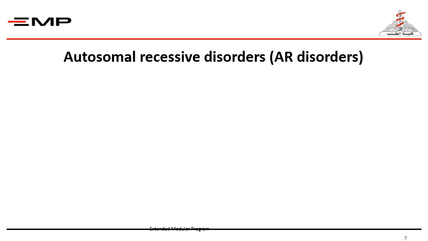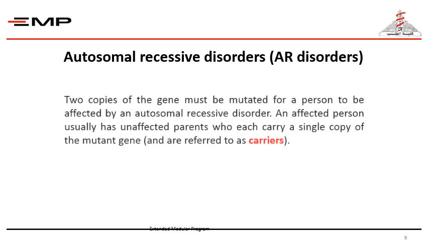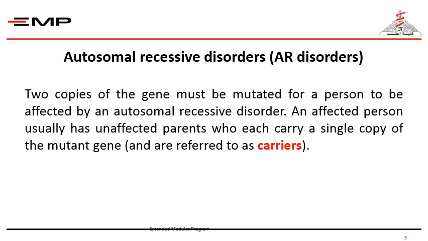Now, what about autosomal recessive disorders? In such a condition, two copies of the gene must be mutated for a person to develop an autosomal recessive disorder. An affected person usually has unaffected parents who each carry a single copy of the mutant gene.